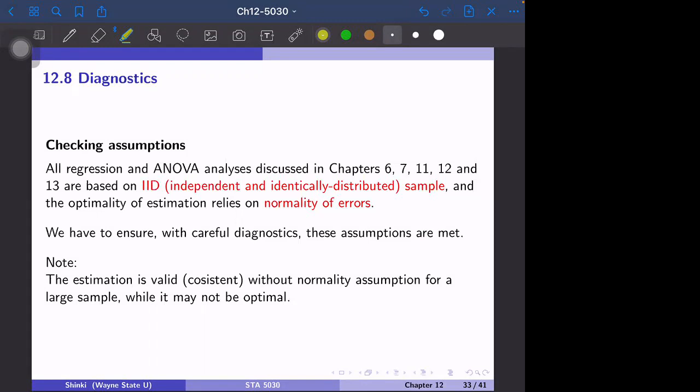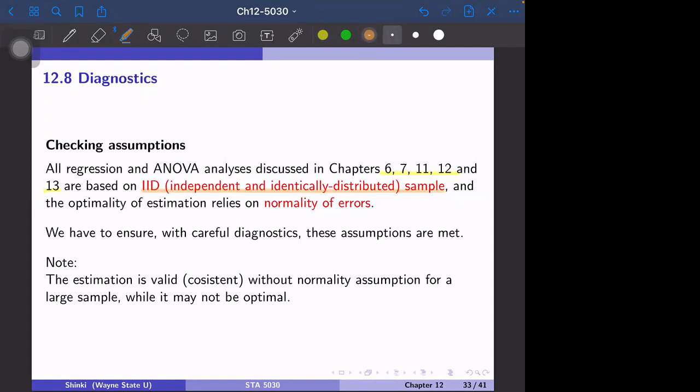Statistical procedures are almost automatic with statistical software, but checking the assumptions and doing diagnostics are an essential part for statisticians. All regression and ANOVA analyses discussed in chapters 6, 7, 11, 12, and 13 are based on an IID, independent and identically distributed, sample.